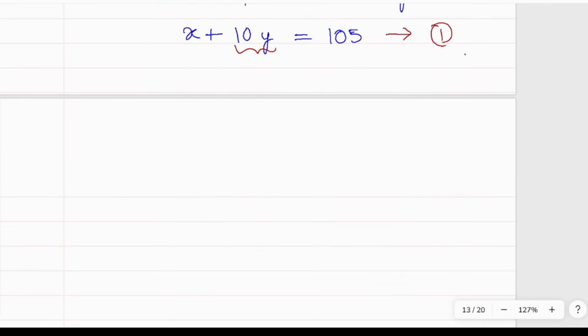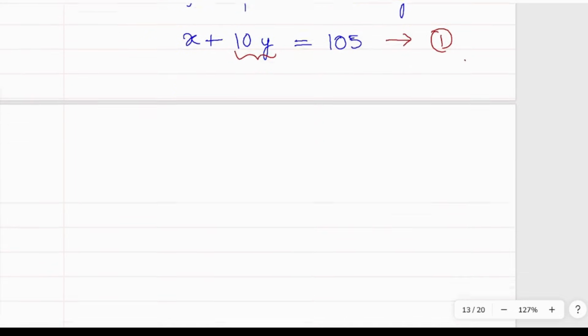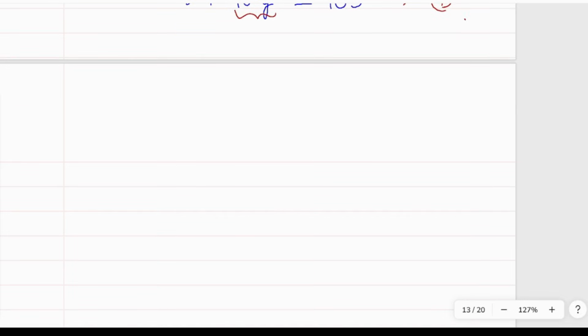Now I have to write the next condition. What is the second condition given? They are telling that for a journey of 15 kilometers, the charge paid is rupees 155. This was for the 10 kilometers. Now for 15 kilometers, in the same way, we write x plus 15y equal to 155.